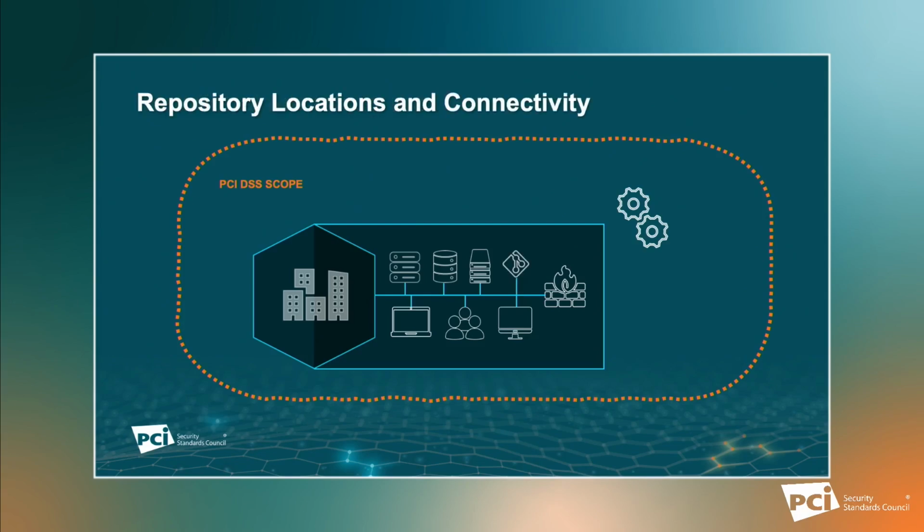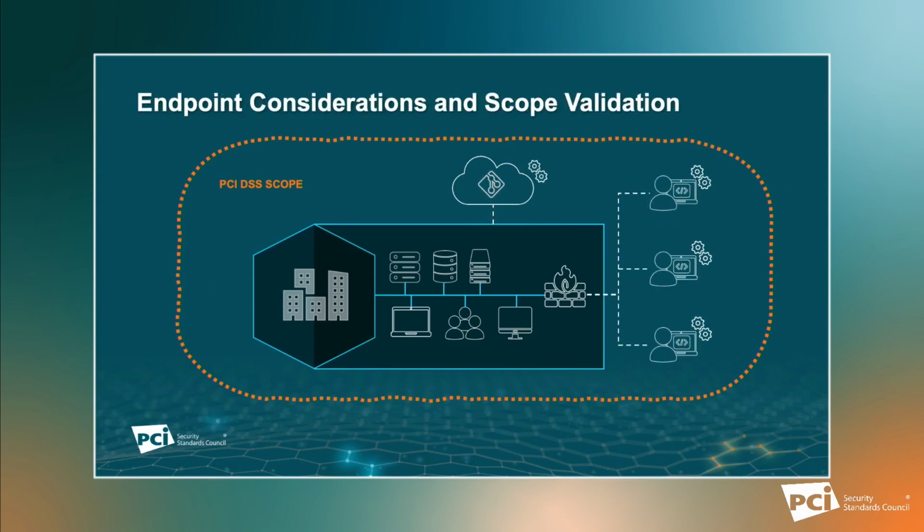This diagram shows that the organization is still managing most of their component devices in-house, but they are using a cloud-based code repository to store system configuration files. Oh, and there are several engineers there working remotely. They have access into the organization's network and into the cloud code repository. All of this is in scope for PCI DSS.